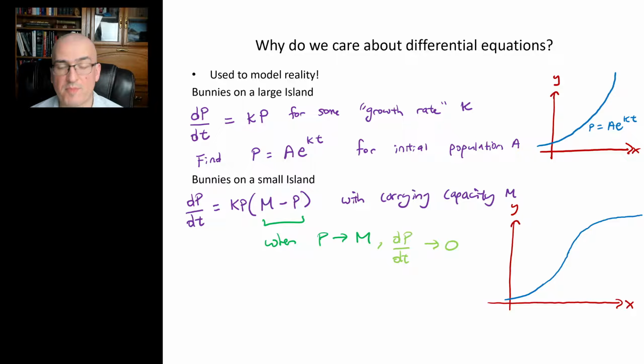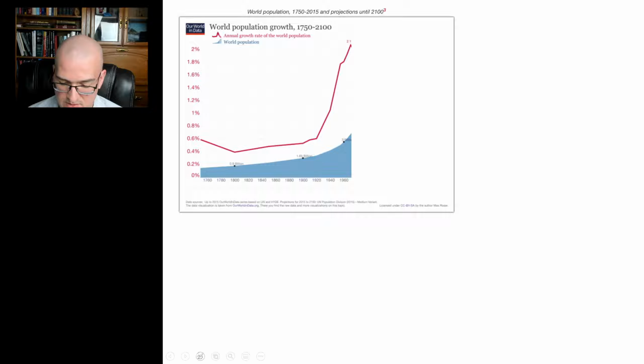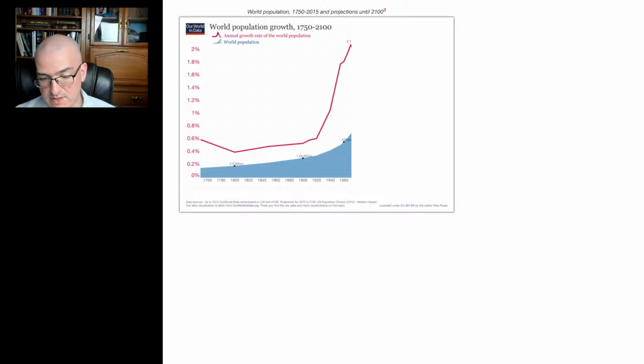Now this is about bunnies, but what about us? We're animals. We have a population. We have an environment with, presumably, some type of carrying capacity. And there were concerns for quite a long time that the human population was going to do something dramatic and scary. Some concerns that the human population was going to explode.